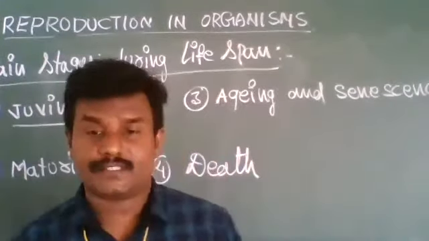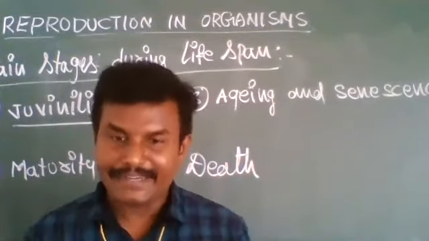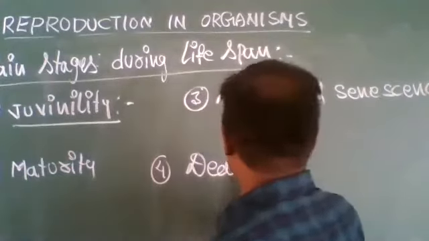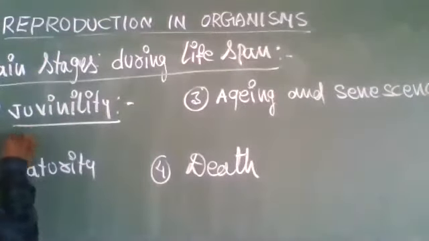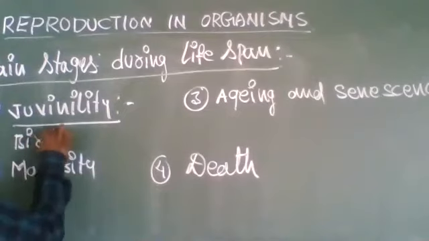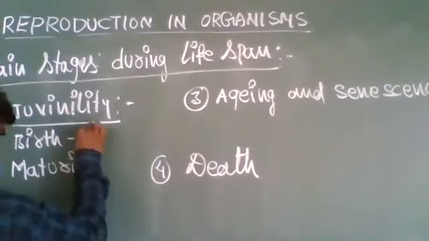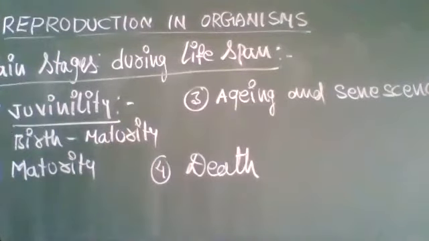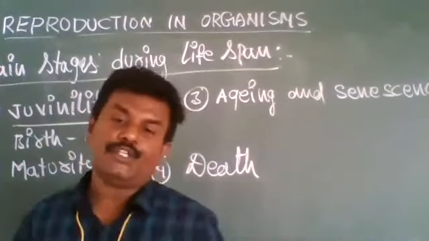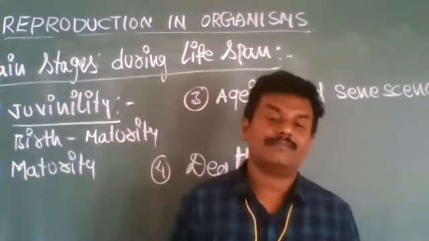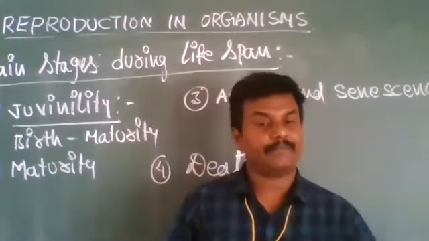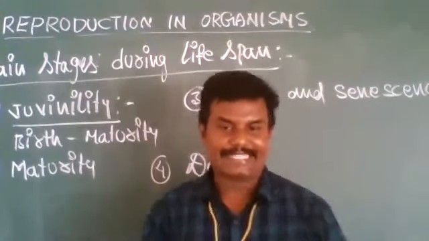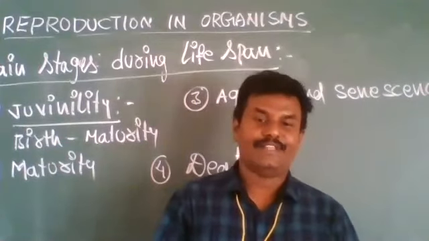Juvenility refers to the period from birth until an organism attains maturity. Maturity means the organism is able to reproduce. From birth to the maturity or puberty stage, this is called juvenility.